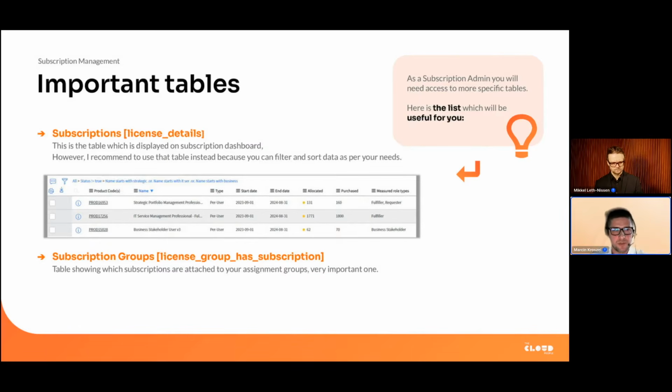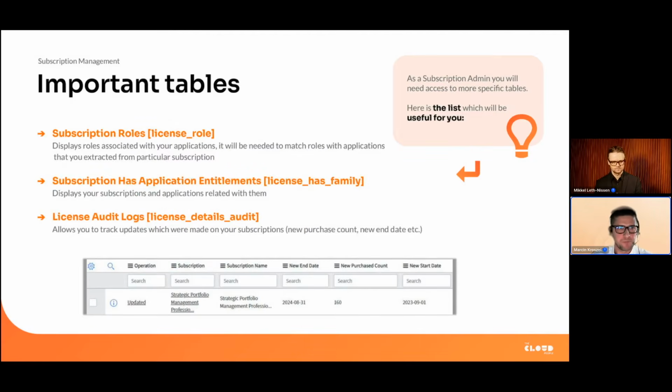The next one, very important, subscription groups. The technical name you can see in the brackets. This is very important because that will list the groups in your system and what subscriptions are attached to those groups. So for example, you can have ITSM subscription, IT service management, and you will see to how many groups this subscription is attached to. Very important from auditing point of view.